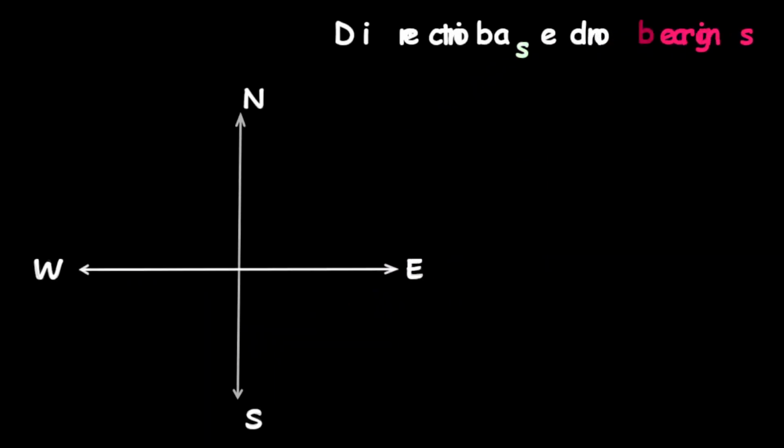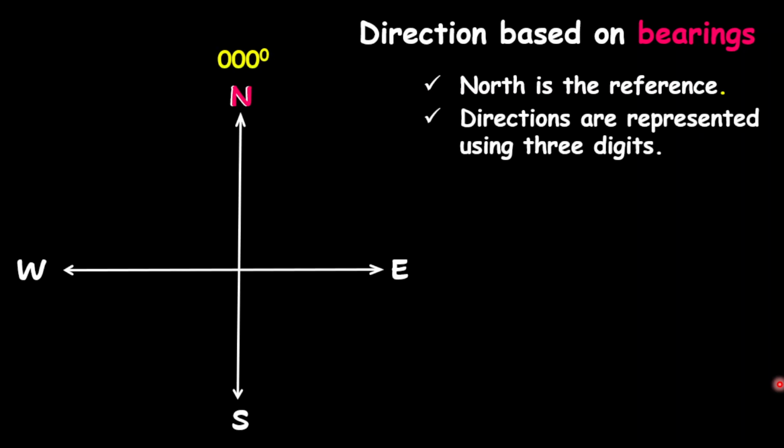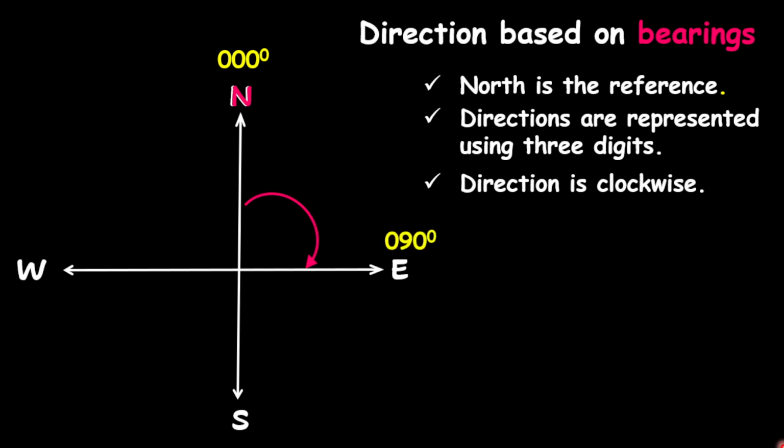Now we're going to look at direction based on bearings. Some important points to note here: north is the reference, which means all the directions will be taken from north. Directions are represented using 3 digits. So for example, north is 0 degrees, so we say 000 degrees. What is important as well is that the direction is clockwise from the north.